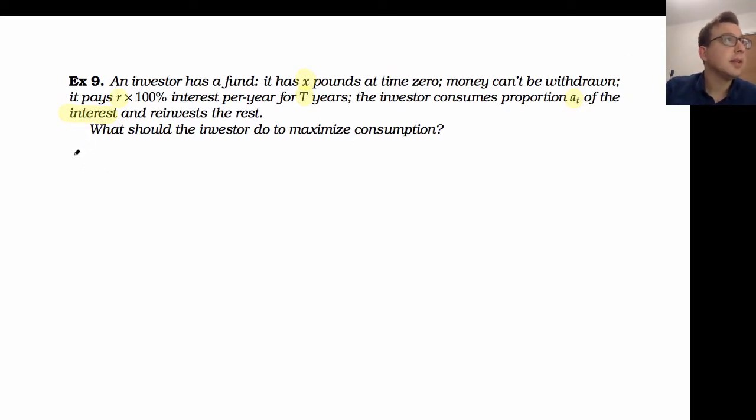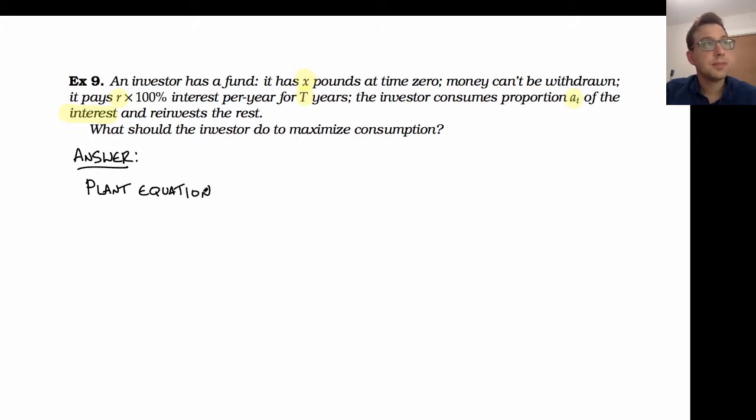So let's answer that. First things first, let's write down the plant equation for this problem. What we want is an idea of how we get from the amount of money that we have at time t in the fund to the amount of money that we have at time t+1.